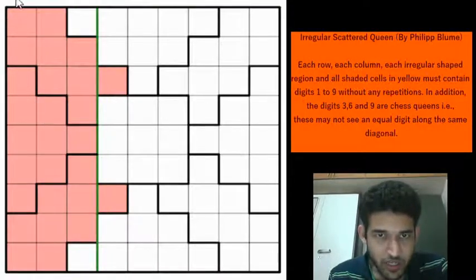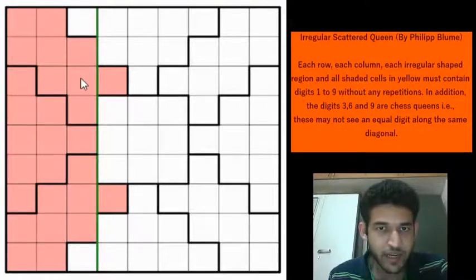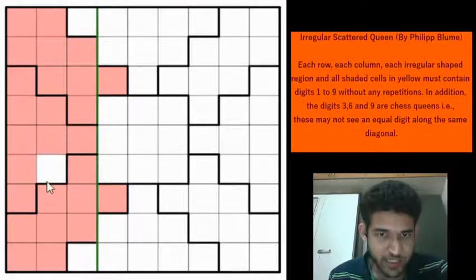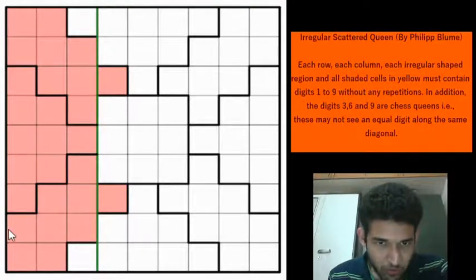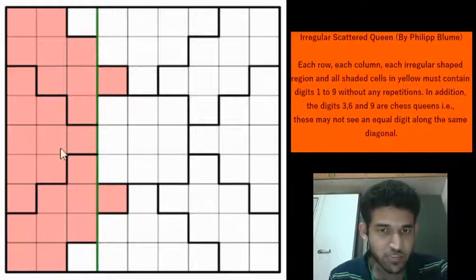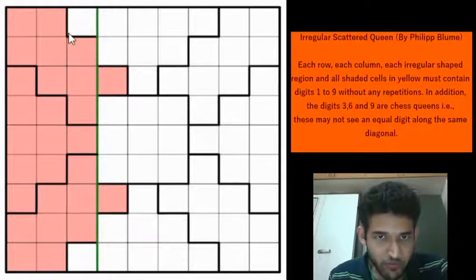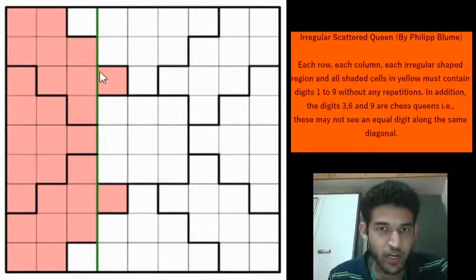We know for sure that columns 1, 2 and 3 will contain digits 1 to 9, which means 3 sets of 1 to 9, right? Now we have one set of 1 to 9 inside this region and one more set inside this region except one cell which is going outside, and similarly one more set in this region and one more cell going outside. Now these 2 cells which are going outside must be compensated by the exact same cells here, so that we maintain the balance of 3 sets of 1 to 9.